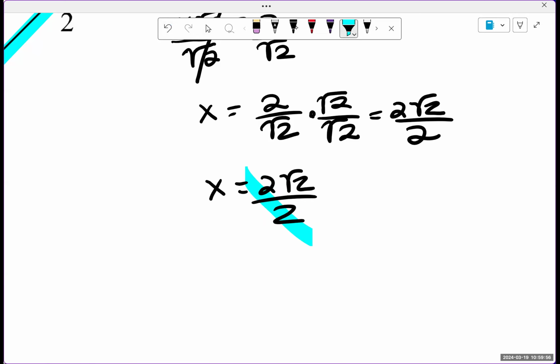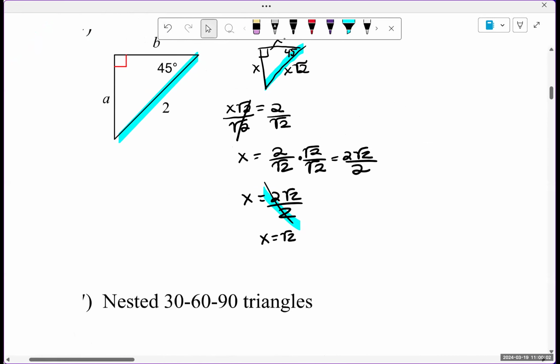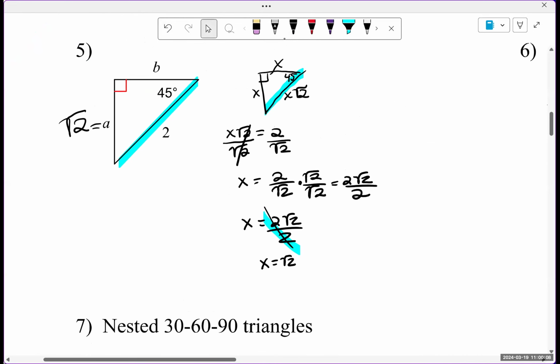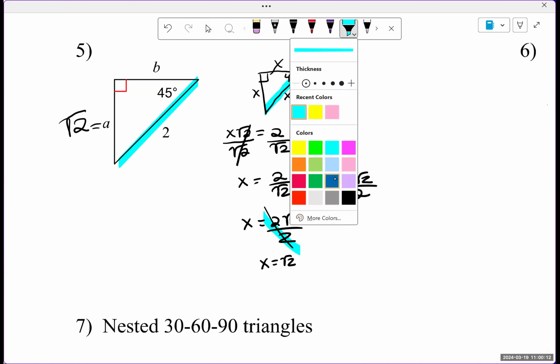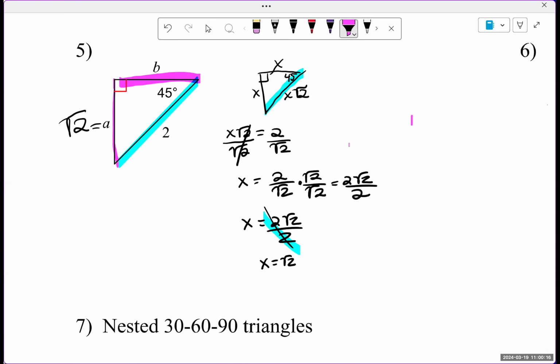Okay, so those cancel. So x is equal to rad 2. Okay, so this one was weird. The hypotenuse did not have a radical, but the leg did. And what do I know about the two sides of a 45, 45, 90 triangle? They're the same. So B is rad 2.